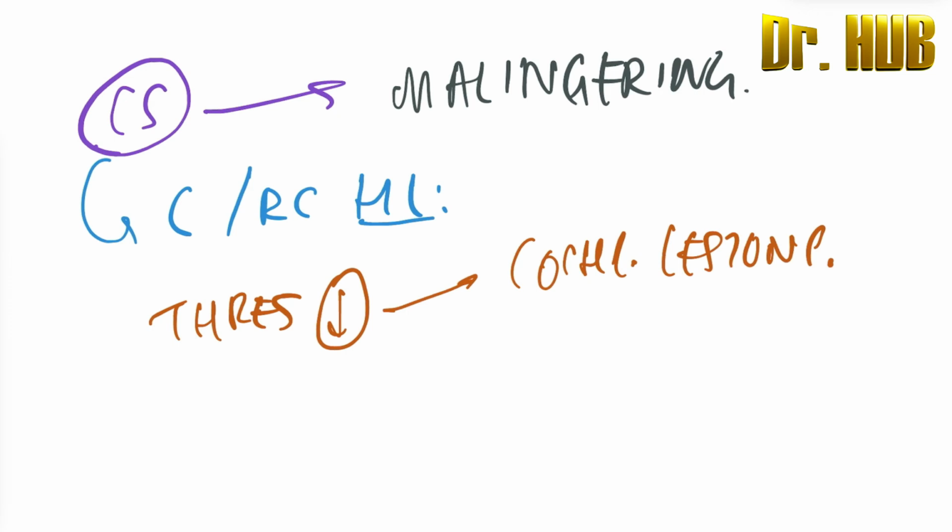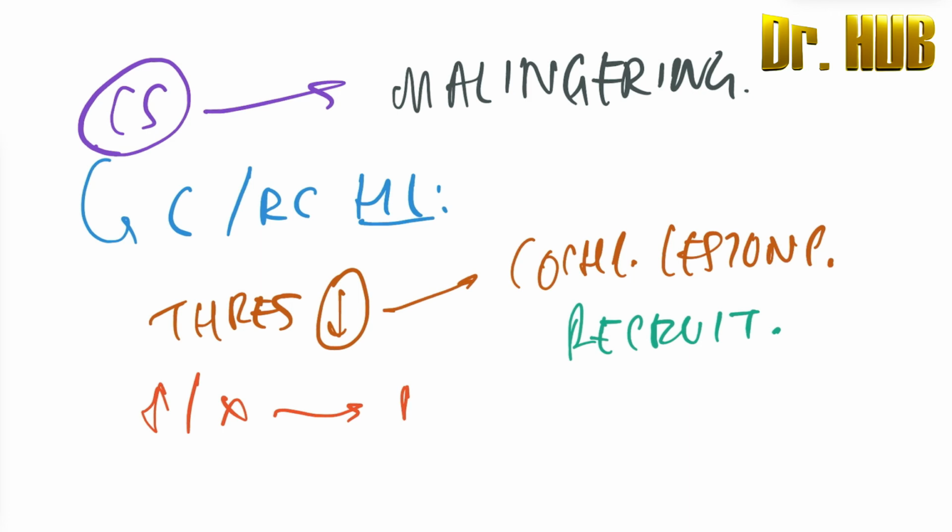So it is decreased because of the recruitment, whereas it can be increased or absent in retrocochlear lesions.